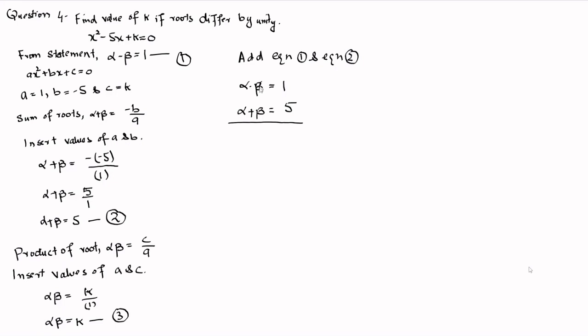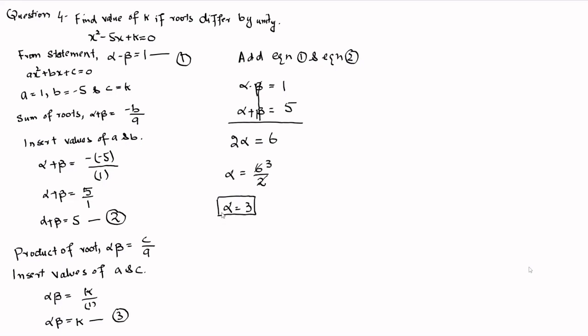Minus beta and plus beta will cancel out, and alpha plus alpha is equal to 2 alpha, and 1 plus 5 is equal to 6. This 2 will go to the division on the right hand side. 2 cancels out with 6, and that is 3. So alpha is equal to 3.